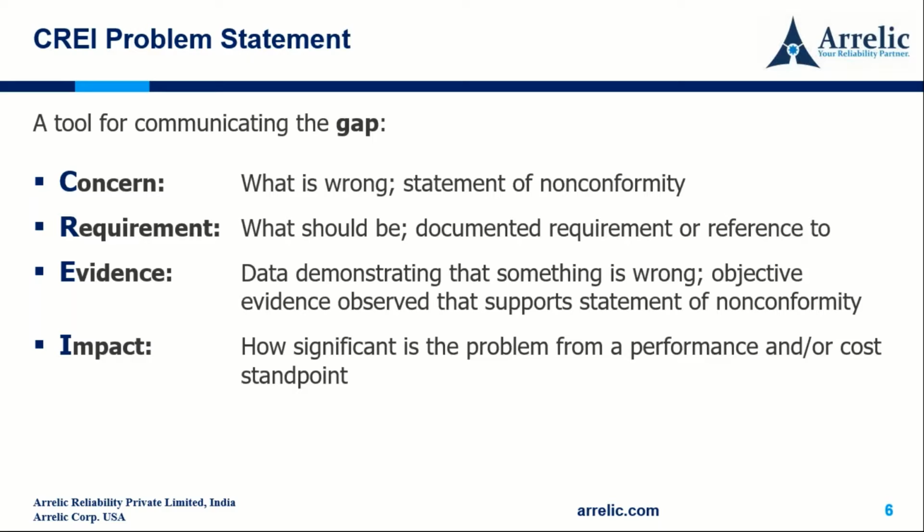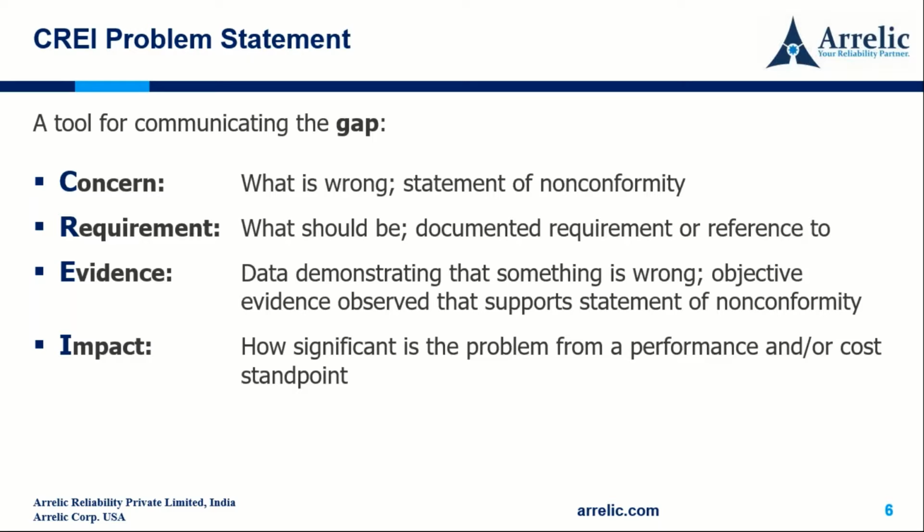This is the CREI definition. It's a tool for communicating the gap. The concern, what is wrong? Statement of non-conformity. Requirement, what should it be? It should be a documented requirement or reference to it. Evidence, data demonstrating that something is wrong.